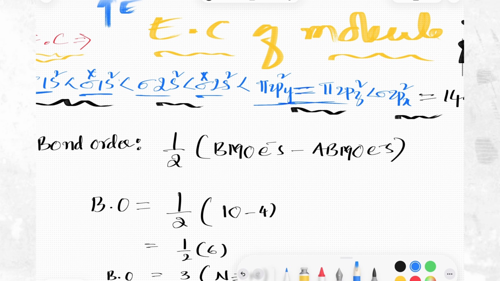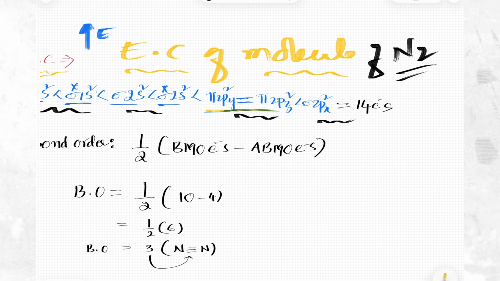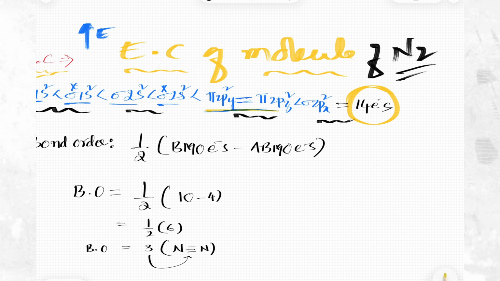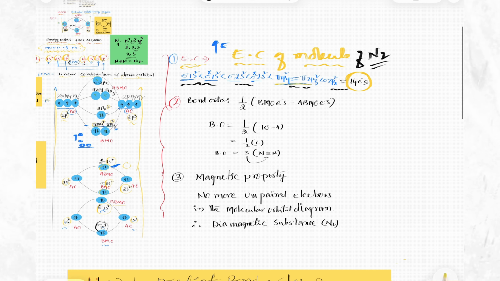Clear, students? Followed by sigma 2px2. So the total is 14 electrons, that is 7 plus 7 equals 14 in nitrogen.